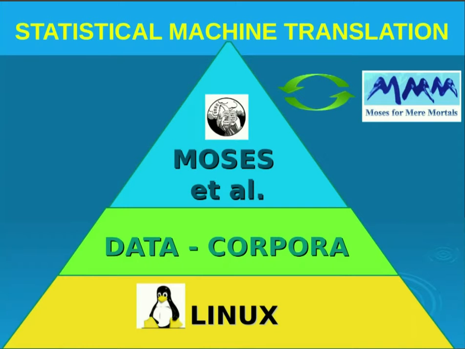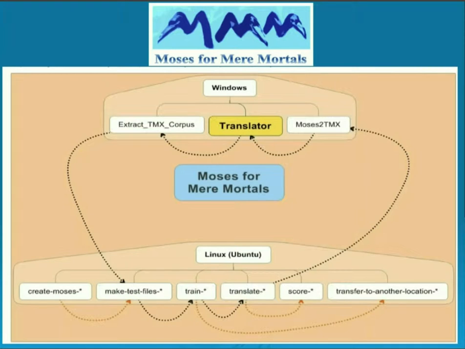So after having this pyramid, we needed to have Moses for Mere Mortals, the series of scripts I already mentioned, to easily work with this huge statistical machine translation system.